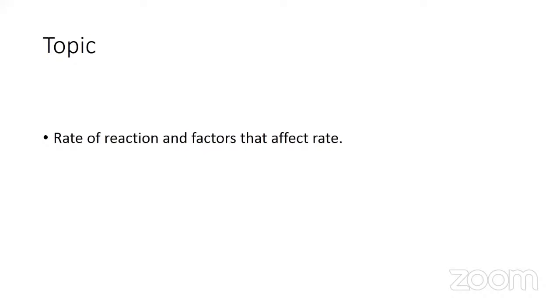It answers the question, how fast does the reaction go? And what is the mechanism of the reaction? How fast the reaction goes deals with the speed, the velocity, the rate of a reaction. When I'm talking about the rate, the velocity, the speed, essentially I'm talking about the same thing.